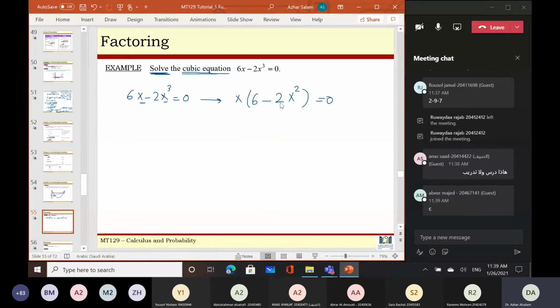I can also take a number as a common factor. It's not necessary, but I can take 2 as a common factor, so I can write 2x, and it will be more simplified like that. If I take 2 from 6, it will remain 3 minus, I take 2 here as a common factor, so it will remain x squared equal to 0.